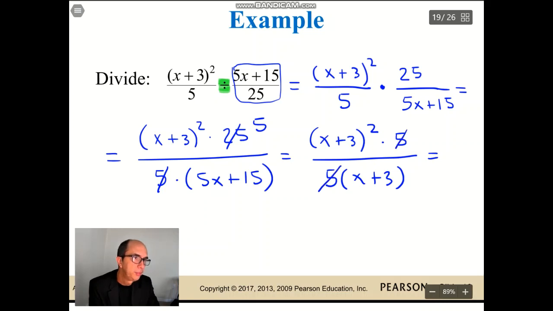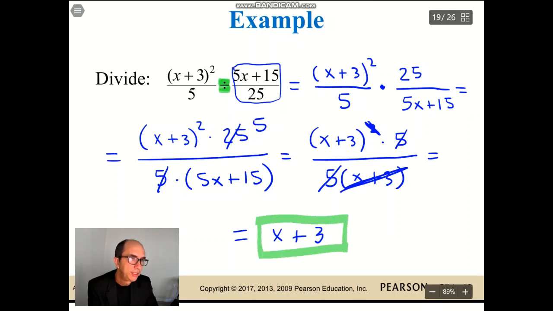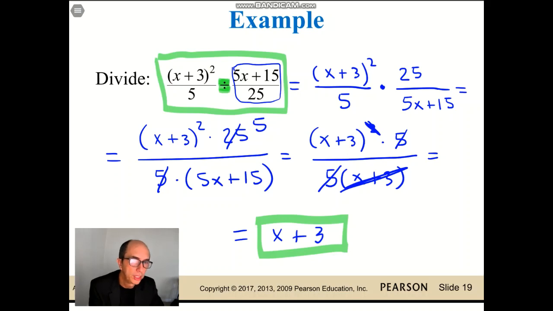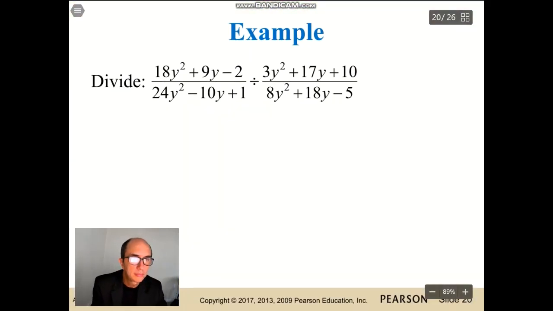And for the simplification, this square here we can simplify with that denominator, and finally we have the solution for the division: x plus 3. We don't need the parentheses anymore. Much simpler. So this is the result of the division of those two rational expressions.